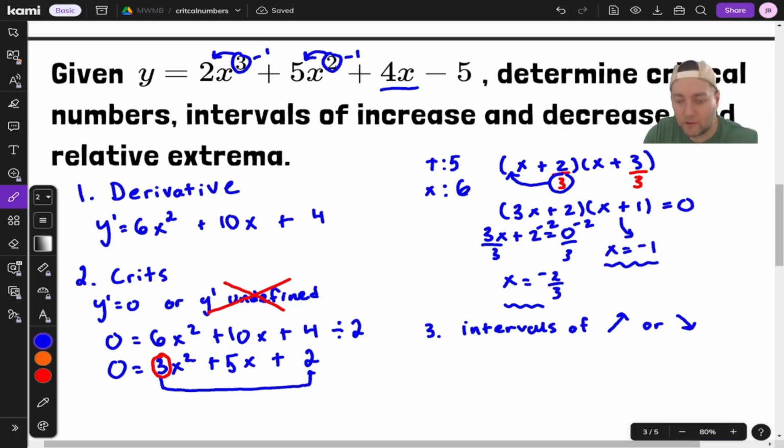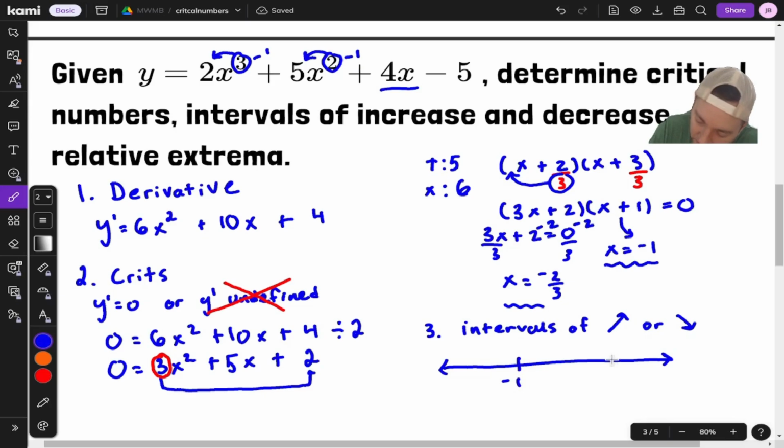All we do for increase and decrease is make a number line, -1, -2 over 3. So my crits go on the number line, and we label this as f prime. The whole purpose of this number line is to determine if the derivative is positive or negative in each interval. So there's 3 intervals, right?